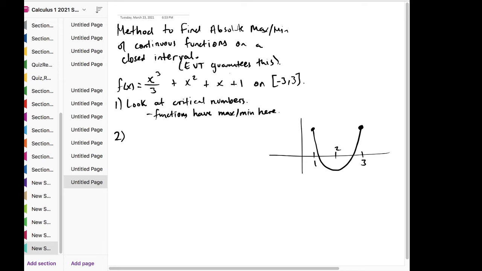Yeah, these are the maxes. And yeah, that's the min. So the min is a critical number, right? The derivative is 0. But these may not be critical.